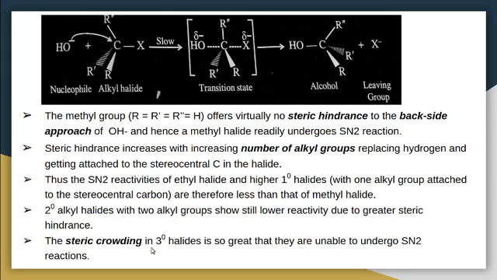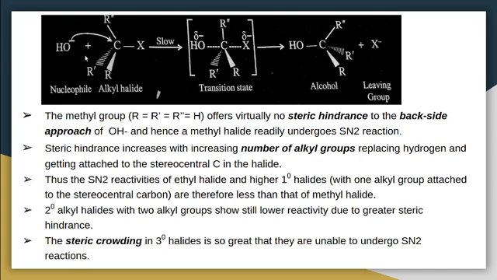Then steric crowding in tertiary halides is so great that they are unable to undergo SN2 reactions. So in the case of tertiary halide, all the hydrogens in methyl halide are replaced by alkyl groups. That means R3CX is an example of a tertiary halide.